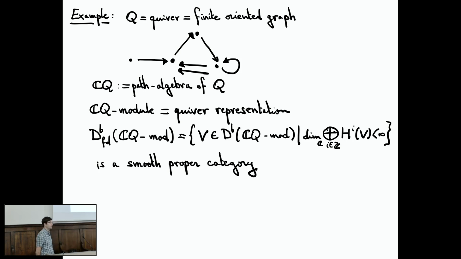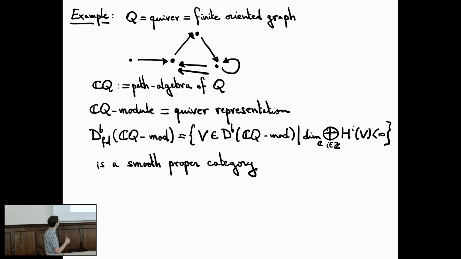Once you have this associative algebra, you can consider modules over it. A module over this algebra is the same thing as a quiver representation. You might think about the quiver representation in an algebraic way as a module over this algebra. Or in more concrete terms, you can check that this data is equivalent to the data of a complex vector space for each vertex of the quiver.